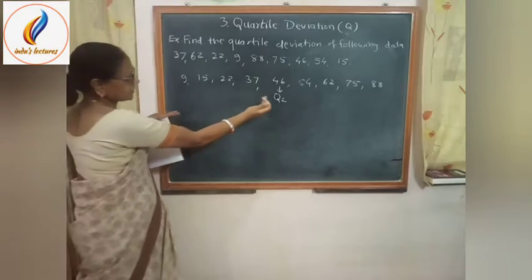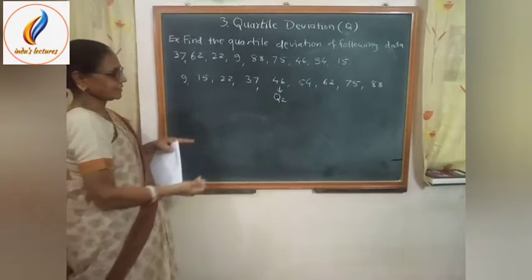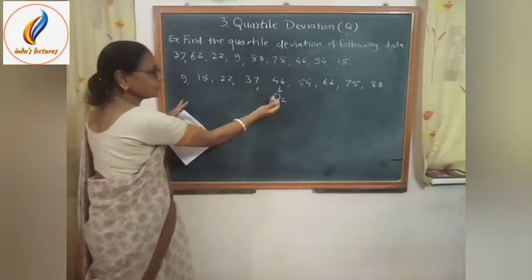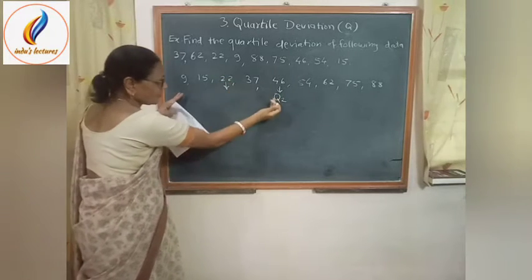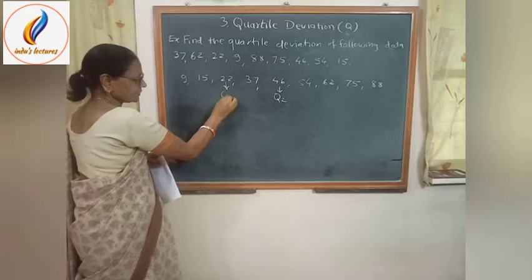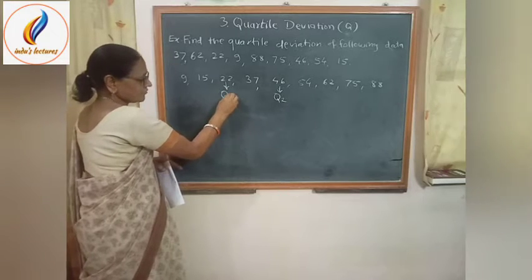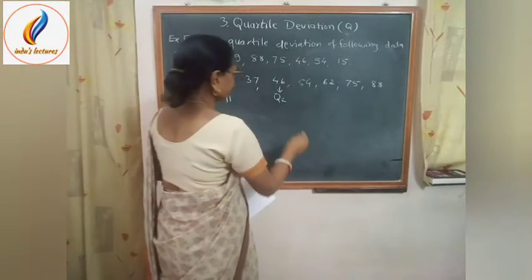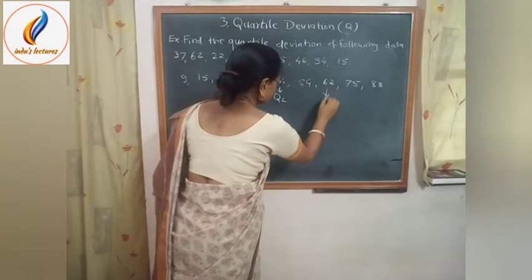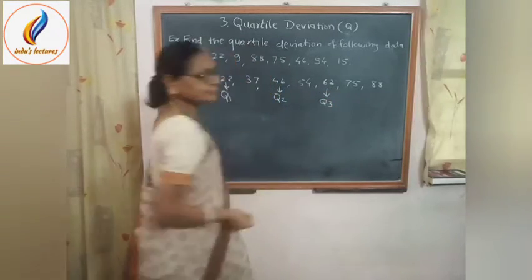Now consider this half part of the series. Divide this half part into 2 equal parts. So the midpoint of the half part is 22. That means 22 shows the first quartile of the series, and here the score 62 shows the third quartile.